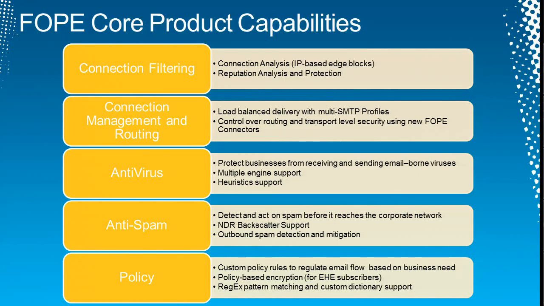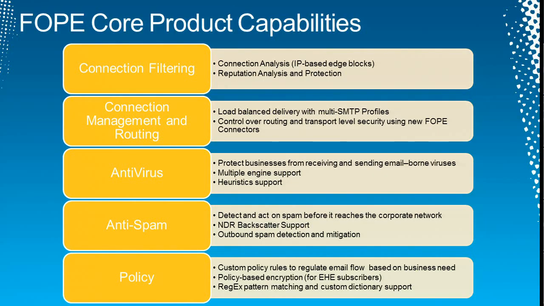We also have load balanced delivery and support multiple SMTP profiles so that we can behave well against your infrastructure, and you can get either round robin or some failover and redundancy in delivery. From an antivirus perspective, of course, we protect receiving and sending email-borne viruses. Receiving is obvious.